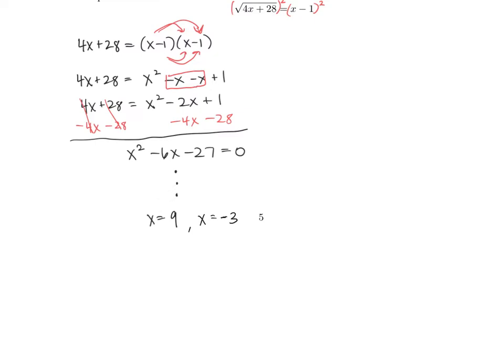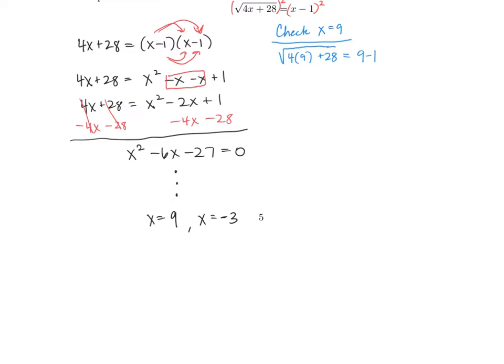Now, here is the thing you have to remember. When you're solving a radical equation, you have to check your answers to make sure they work. So you want to check these. The first one I'm going to check is the 9. You have to plug it into the original equation. So we have the square root of 4 times 9 plus 28, all under the radical, is equal to 9 minus 1.